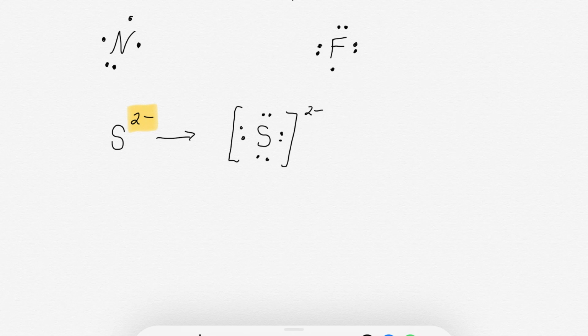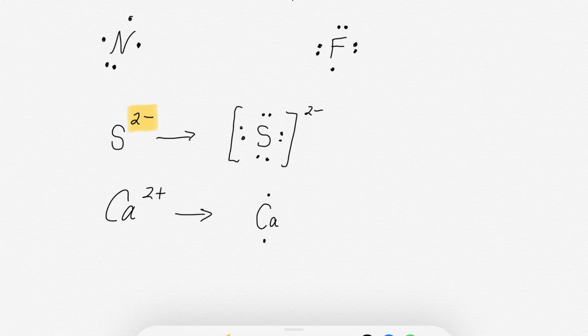Let's try one more. What if we had calcium 2+? Well, what does calcium normally look like? So calcium normally looks like this, a 1, and we would technically put the 2 over there just to get it as far apart as we can. Remember, electrons want to repel.